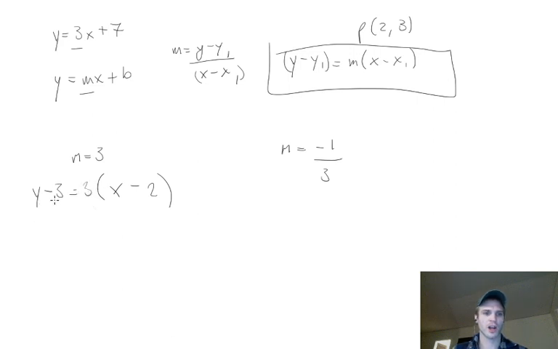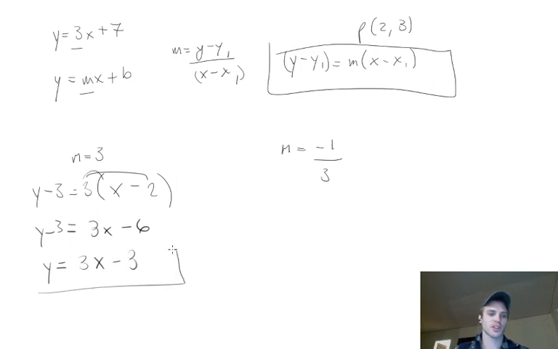So y minus y1, 3 is our y1, equals m, 3 is our m, times x minus x1, and here 2 is x1, okay? Now we can distribute this 3, we'll get y minus 3 equal to 3x minus 6, and then we'll add 3 to both sides, and we get y equals 3x minus 3.